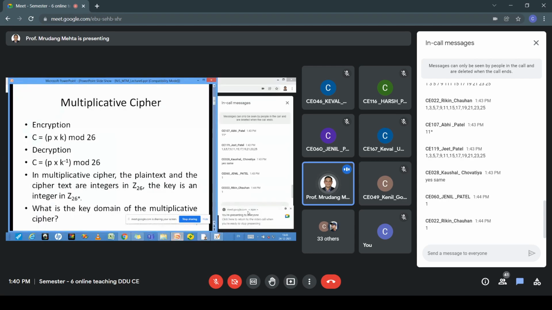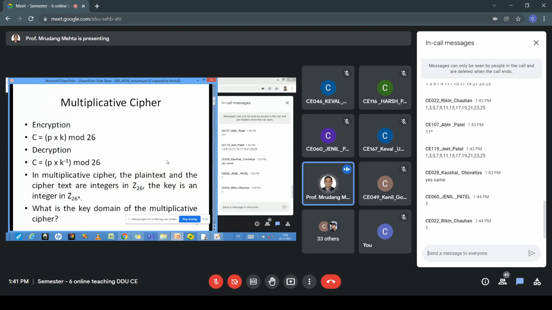So 26 and 3, 26 and 7, the GCD is 1, and so its multiplicative inverse is possible. We have found all keys whose multiplicative inverse can be found, and these values are a total of 12 in number.